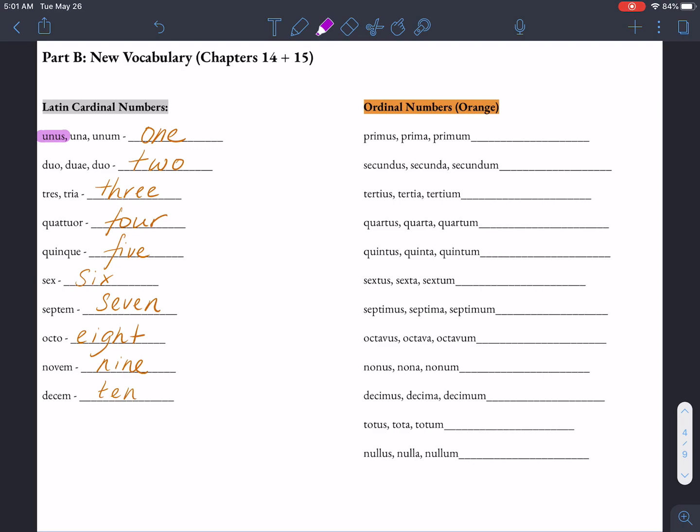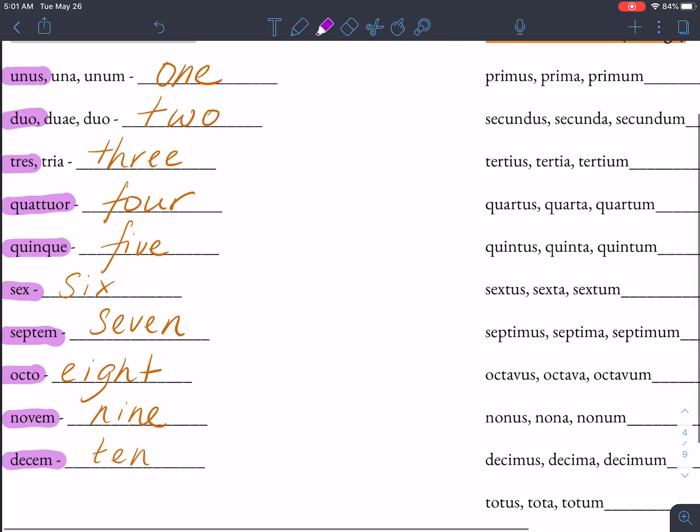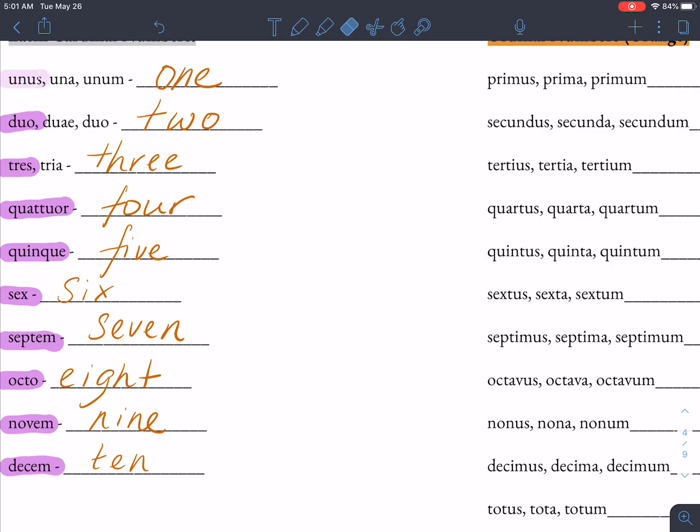Unus, duo, tres, quattuor, quinque, sex, septem, octo, novem, decem. All right? Actually, I can even zoom in here. So those are our cardinal numbers. Let's just go through and count one more time. All right? Again, repeat after me or say it with me, whatever tickles your fancy.